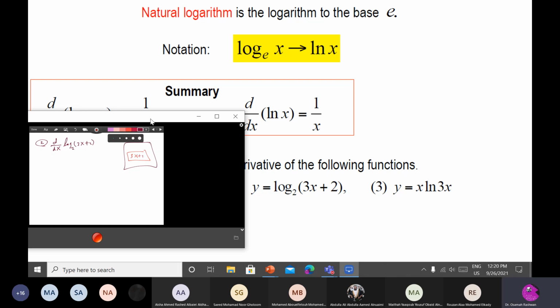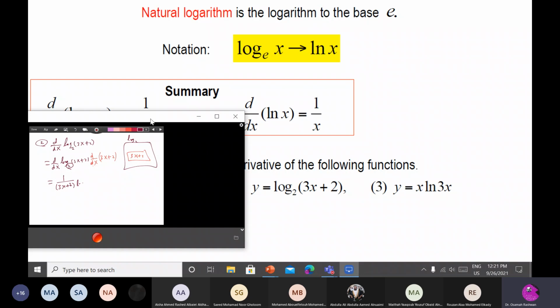So this one is exactly like d by dx for the big box, times the derivative of the smaller box. Okay. What is the derivative of logarithm? 1 over 3x plus 2 in front of the logarithm. Remember, the base here is not ln. This is log for base 2.